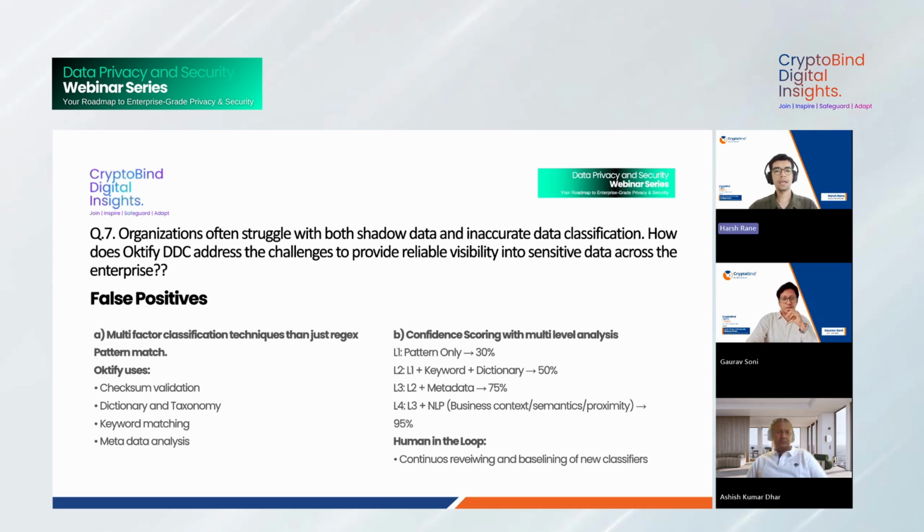So shadow data is one of the biggest challenges organizations face today, because a large part of this sensitive data often exists outside the officially managed systems. It could be sitting in a shared folder, on an employee's individual laptop, in archived repositories, or on collaborative platforms.